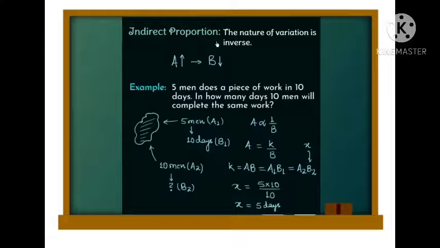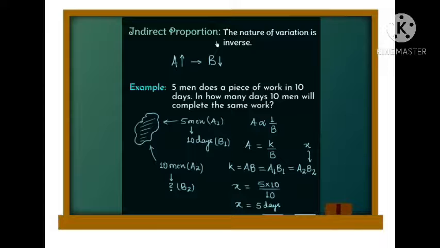Let us shift our focus to finding out the number of days 10 men will take to complete this work. We know they are inversely proportional, so we will have the proportionality sign and the other quantity will be inverse. Here it was not inverse because we had direct proportion, and here it is inverse because we have indirect proportion. Now again, we will remove the proportionality sign.